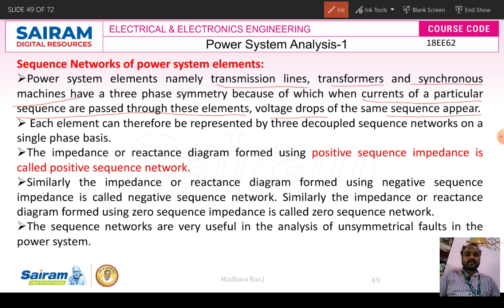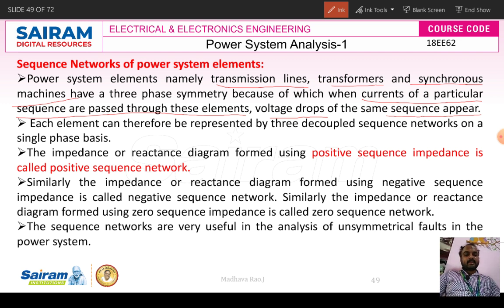On the basis of single phase, the impedance or reactance diagram formed using positive sequence impedance is called the positive sequence network.